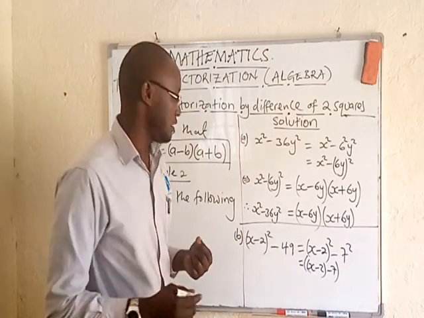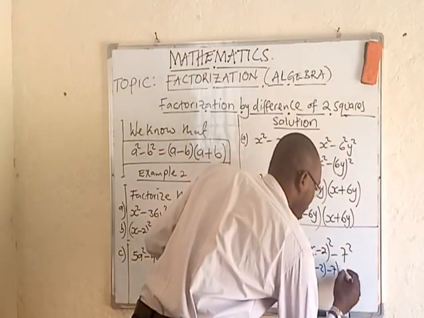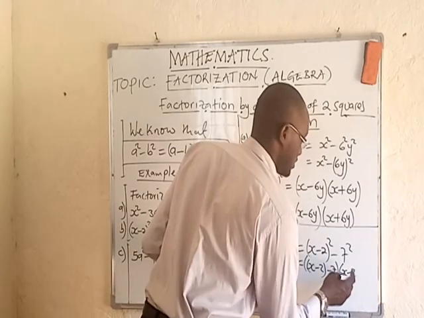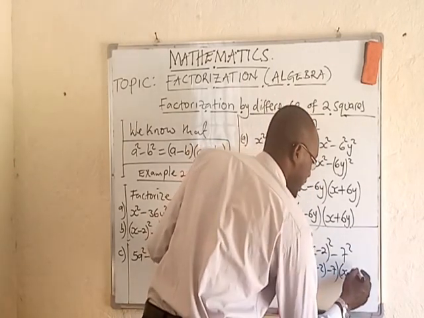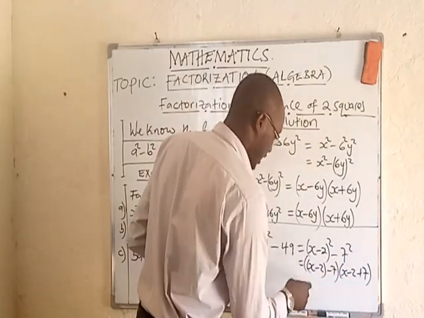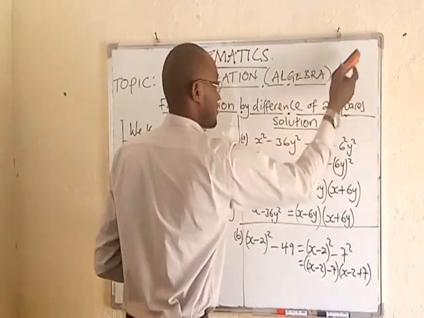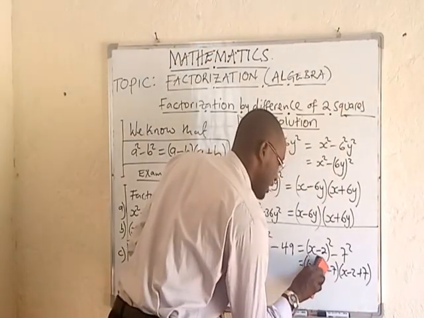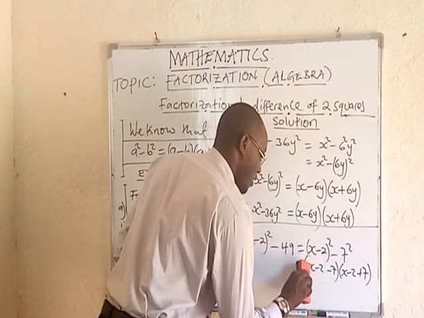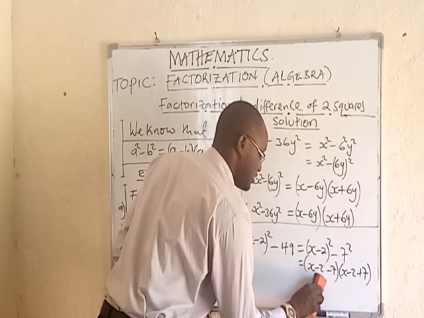Then also we have, in two brackets, a plus b, which is x minus 2, then plus 7. Good. So we can even remove these inner brackets and then simplify at once.